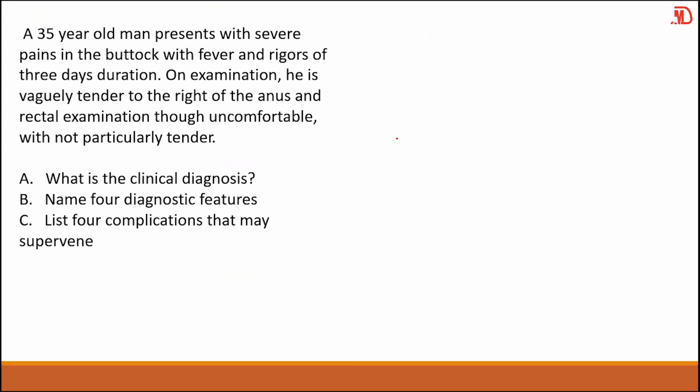Okay. Now we have a 35-year-old man who presents with severe pains in his buttocks with fever and rigors of 3 days duration. Look at it all. 35 years old, there's pain in the buttocks with fever and rigor. So definitely an infection is present, right?